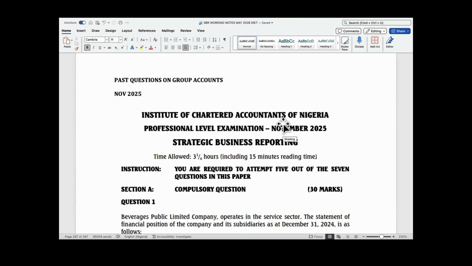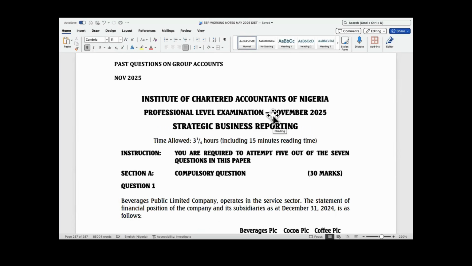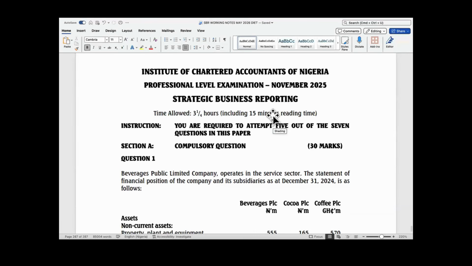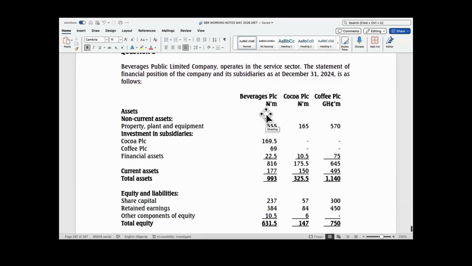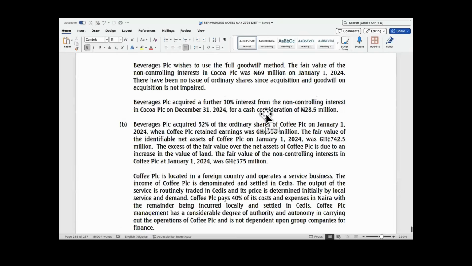Okay. All right. Good. So in front of us is November 2025, last diet question. And what's this diet talking about? We're given the requirement.